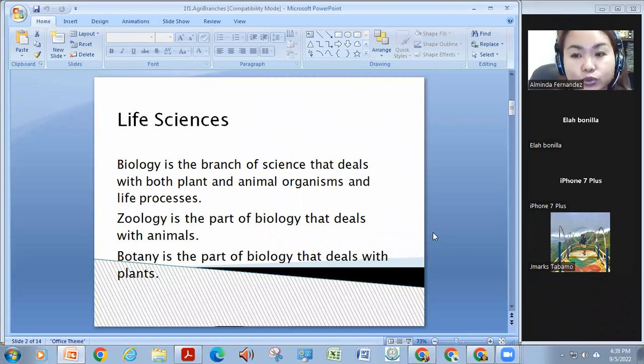So it has two main branches. We have zoology and botany. Now, when we say zoology, it's the study of Marjon, the study of animals, and botany is the study of G-Marts. Plants, ma'am. Plants, very good.